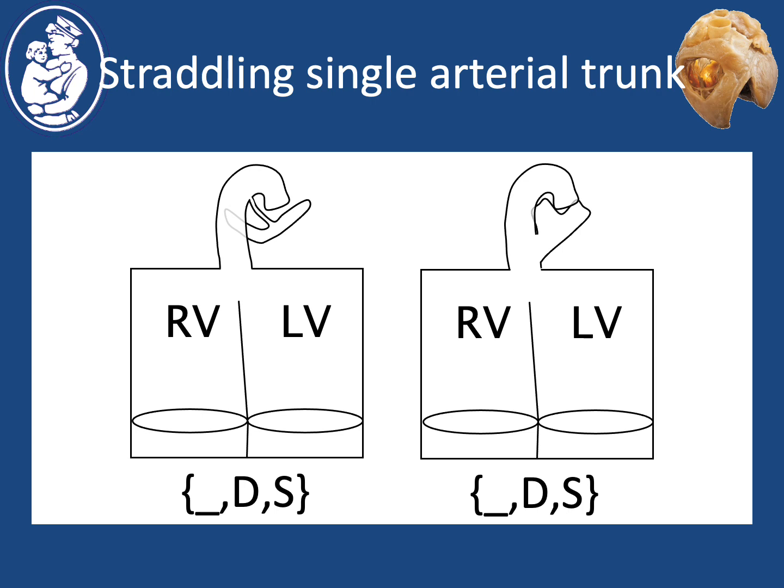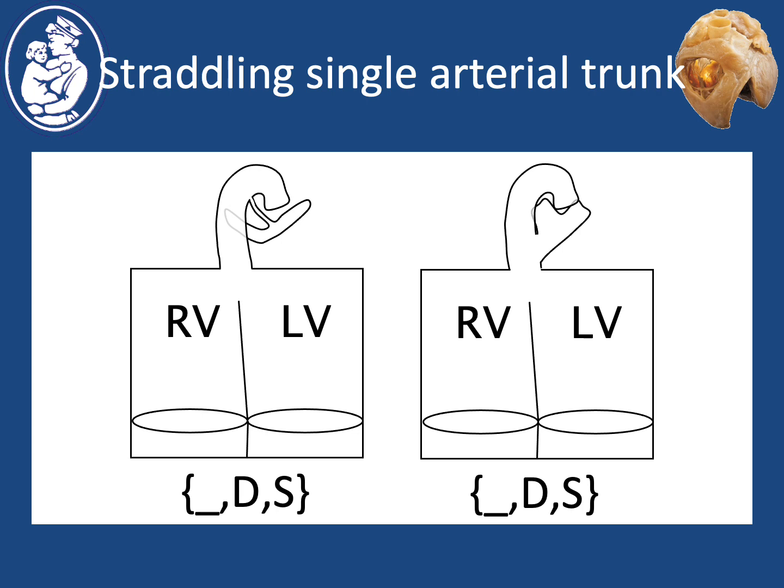Here we see a main pulmonary artery segment arising from the ascending part of the truncus before it divides into the aorta and the pulmonary artery. In both of these cases, the aorta or the truncus overrides the interventricular septum, and there's usually fibrous continuity between either the aortic valve or the truncal valve and the mitral valve.